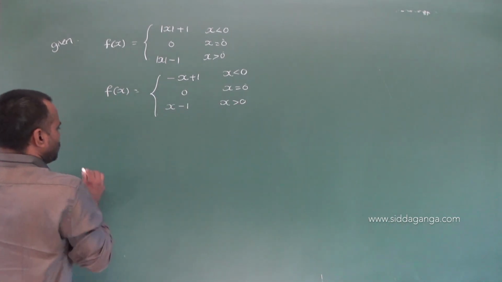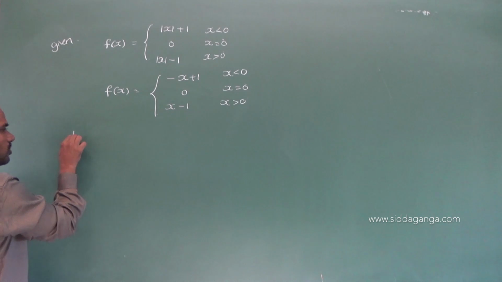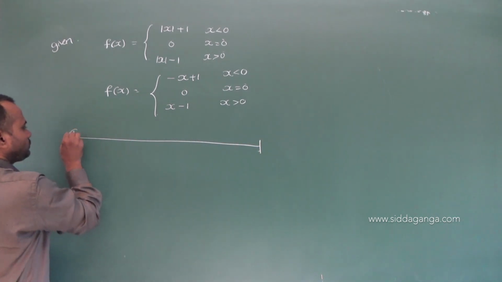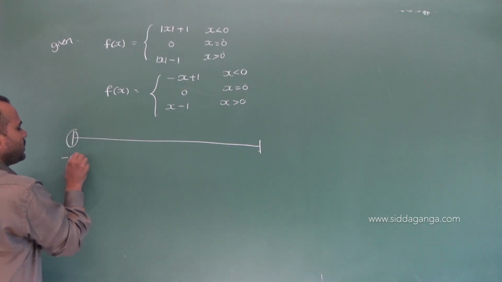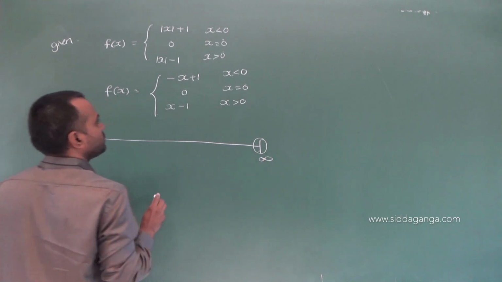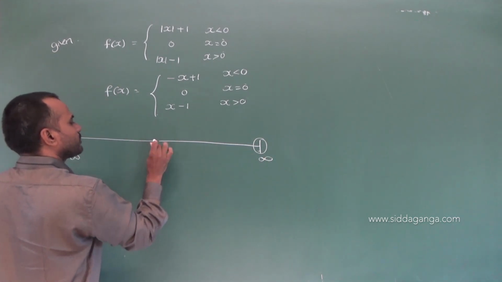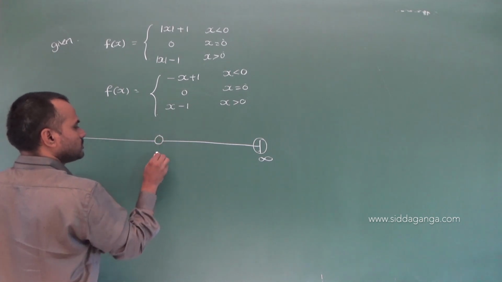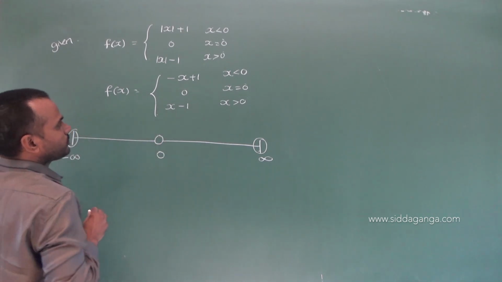Then we better draw the number line, minus infinity to plus infinity. The domain is 0.